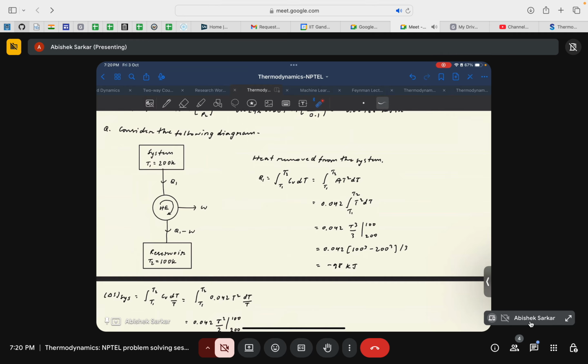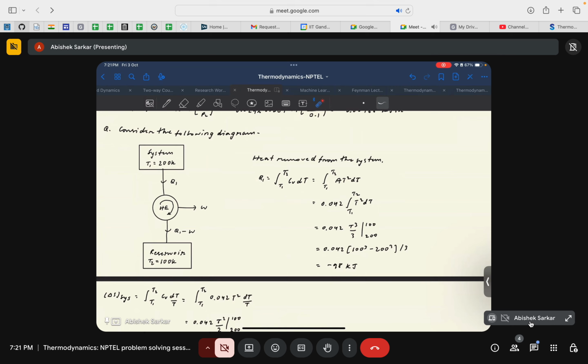For the work to be achieved, we need to use a heat engine that operates between this system and the reservoir. I hope this concept is clear. That's the first thing you need to grasp: to produce work from a temperature difference, we need to use a heat engine. This is a schematic representation of that.